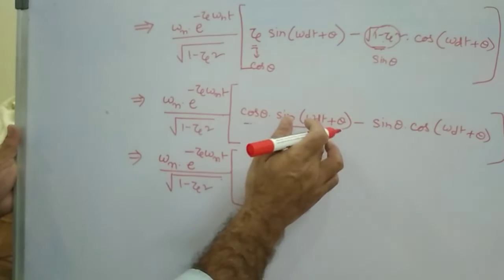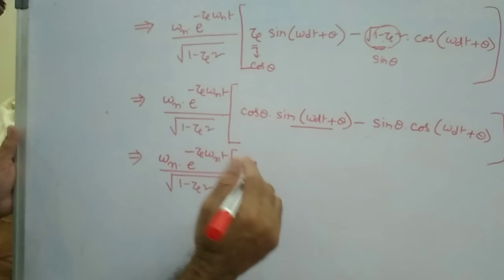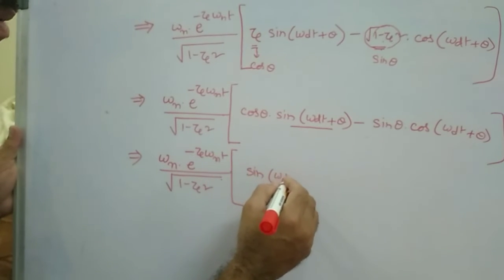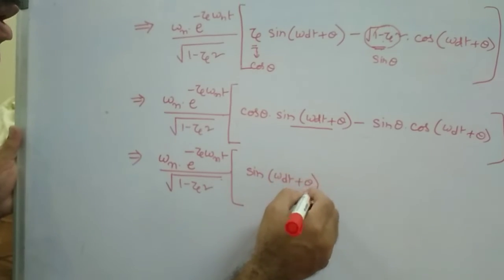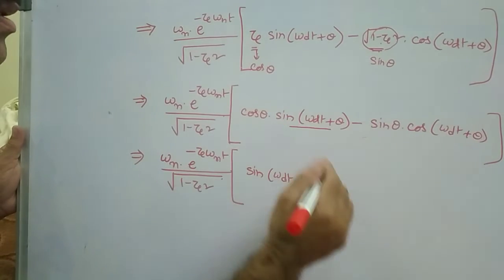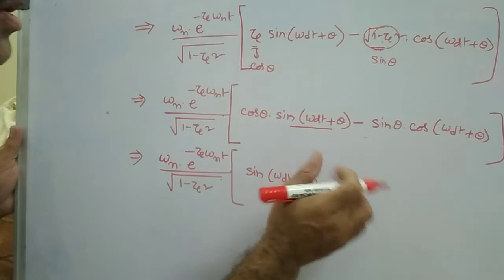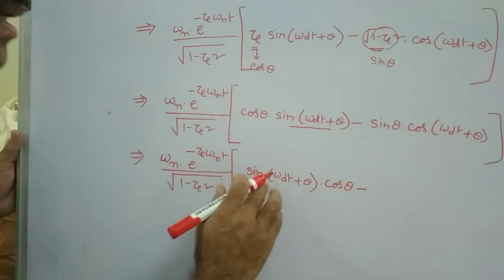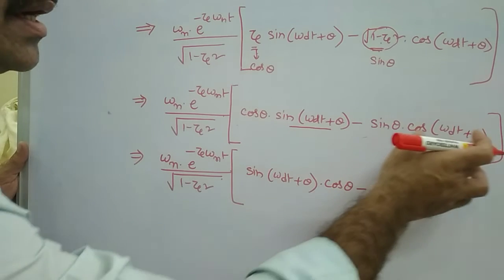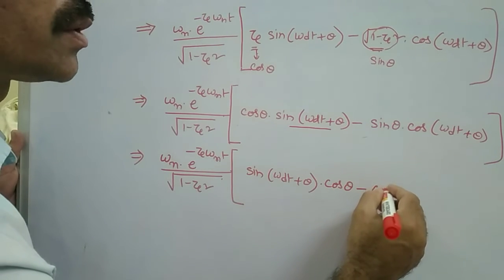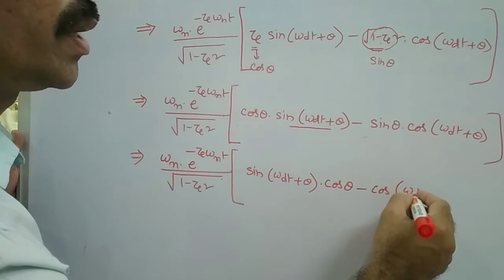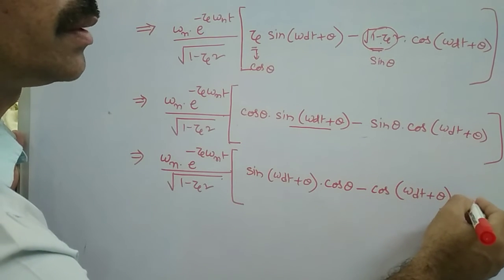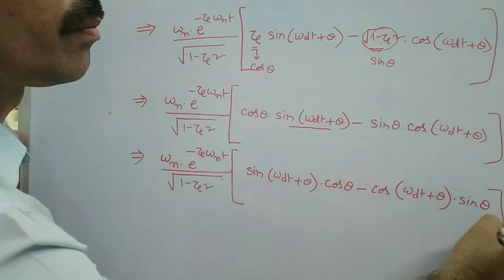So you write the sin term first because of the sin a cos b formula. Therefore sin means sin of omega dt plus theta. This is your sin term. Then cos comes next: sin a cos b minus cos a sin b. Cos means write the cos term first, cos of omega dt plus theta, and sin b means sin theta. Clear?